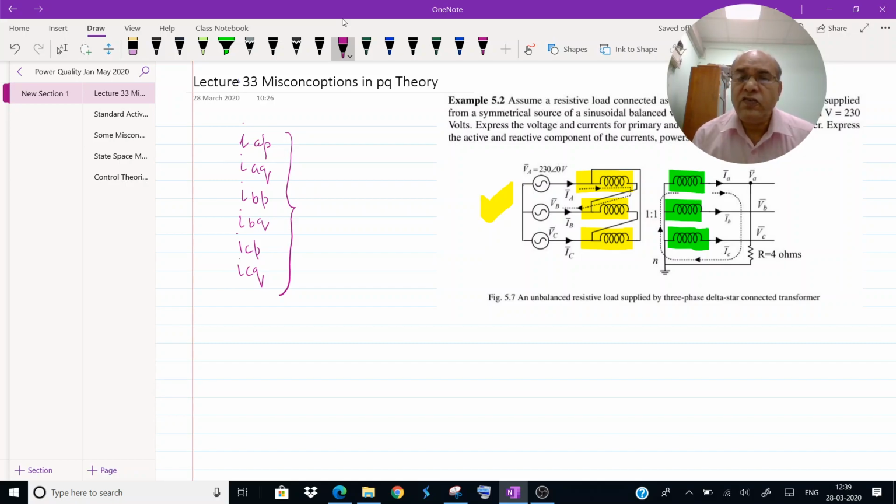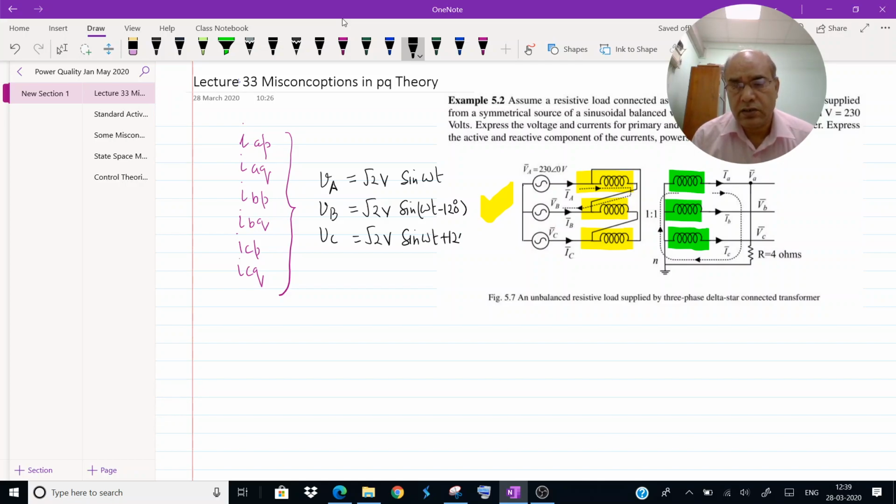Now since it is a three-phase transformer, the voltage will transform from primary to secondary, so the primary voltages are given to us, basically VA, VB and VC. Okay, and these are root 2 V sine omega t, root 2 V sine omega t minus 120 degree, and root 2 V sine omega t plus 120 degree.